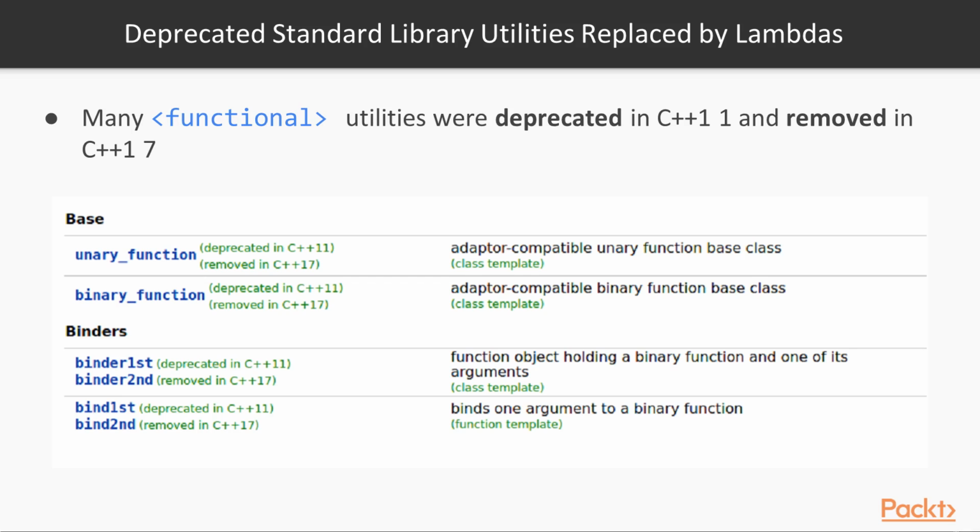Also, there were some binders, such as binder1st and binder2nd, or bind1st and bind2nd, that were used to bind one of the arguments to the aforementioned unary or binary functions, and these were, again, deprecated in 11 and removed in 17. If you have these in your code base, I strongly recommend you find them and replace them with lambdas.